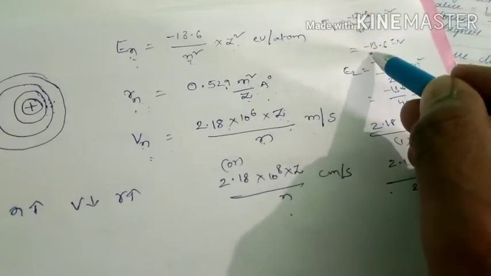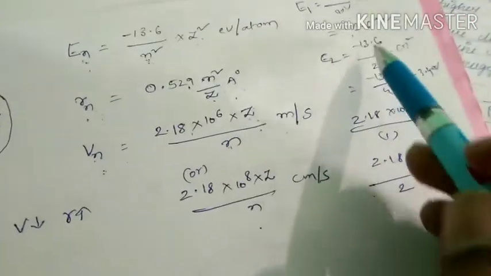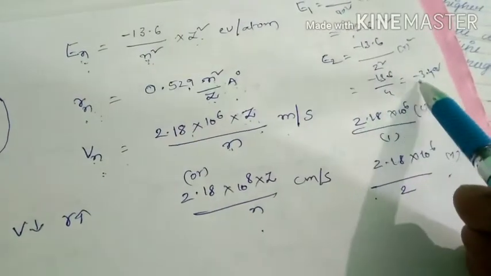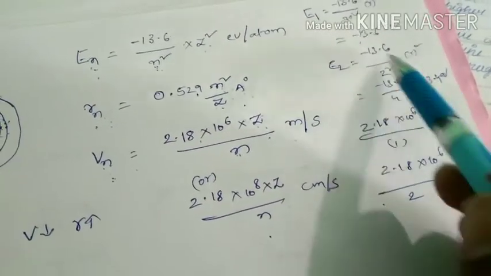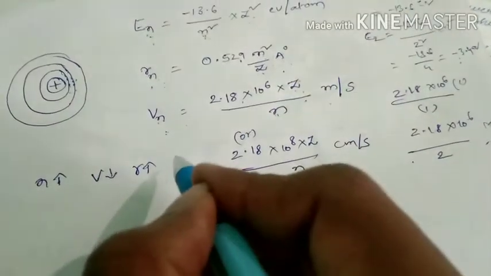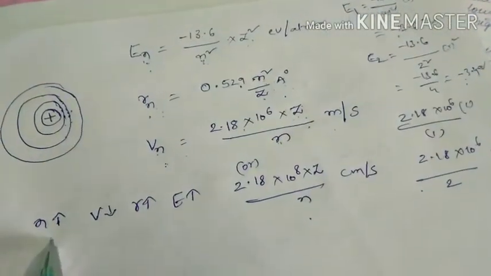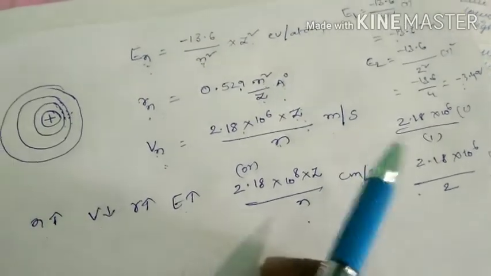This is minus 13.6 electron volts. This is minus 3.4 electron volts. Here you can observe one point: the negative value decreases, that means the positive value increases. That means as orbit number increases, energy also increases, like radius. So what is the statement? If orbit number increases, radius and energy increase, but velocity decreases. That is a very important point.